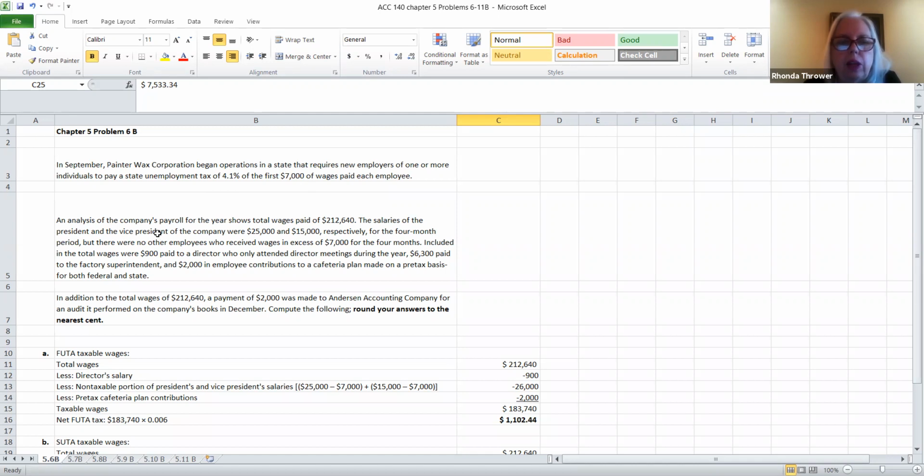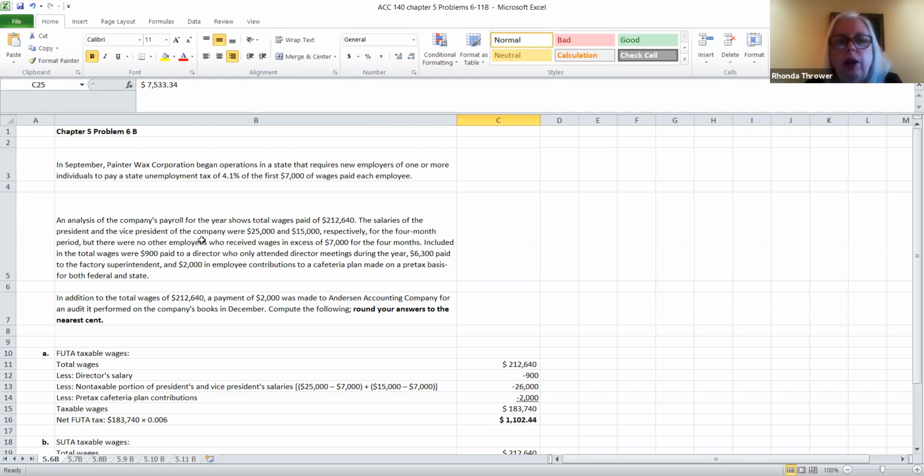An analysis of the company's payroll for the year shows total wages paid of $212,640. The salaries of the president and vice president of the company were $25,000 and $15,000 respectively, for the 4-month period, but there were no other employees who received wages in excess of $7,000 for the 4 months.